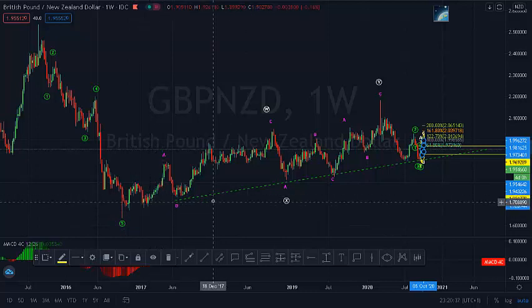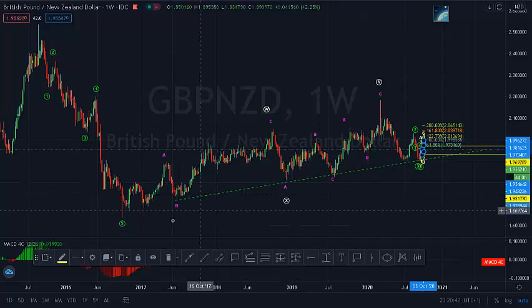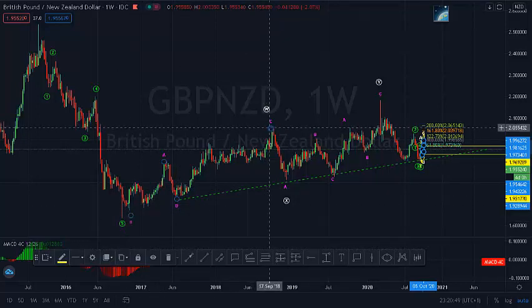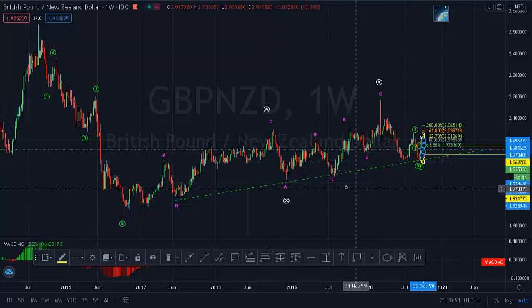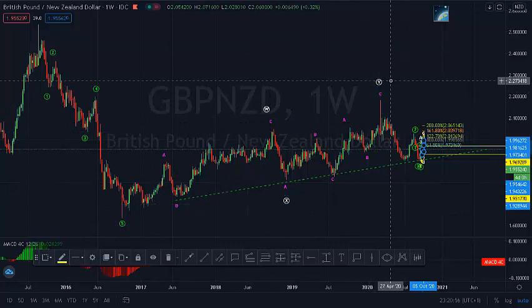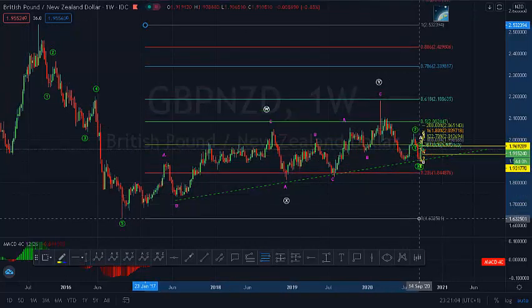On this weekly chart, the correction developed as a double zigzag, A, B, C, A, B, C, W, X, Y. This is a zigzag correction, and it ended at the 0.618 Fibonacci retracement with a rejection.